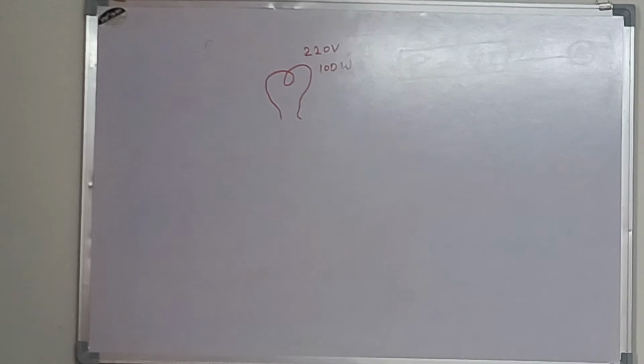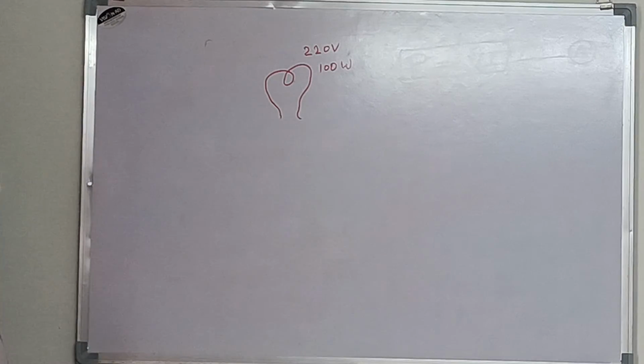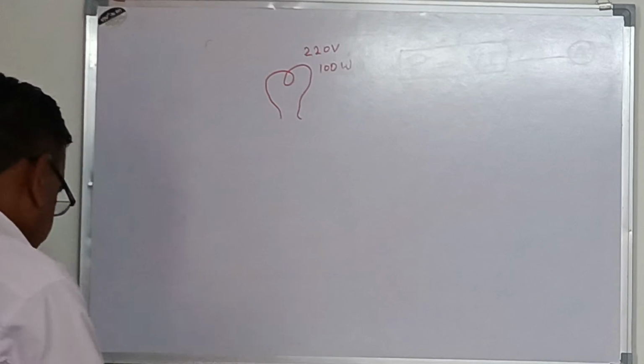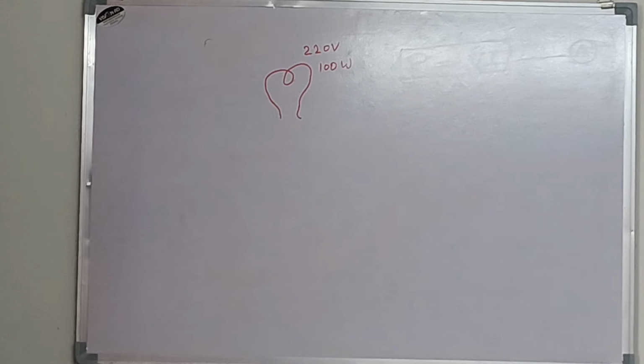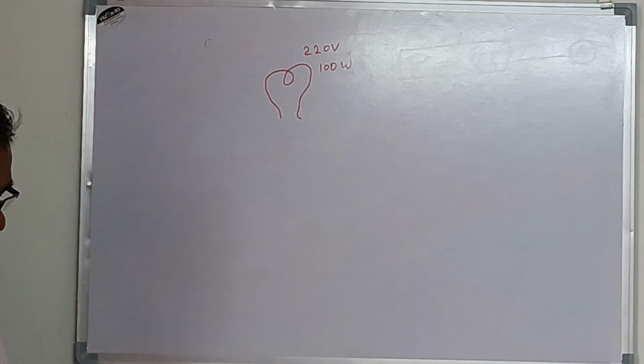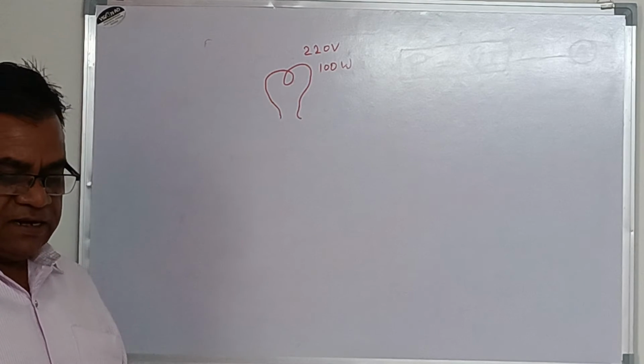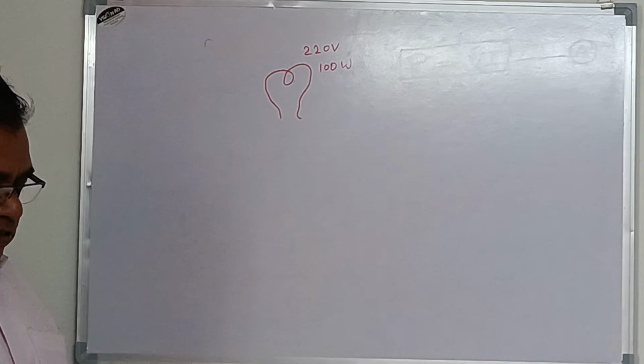Generally you use it in your house when the voltage is 220 volt. An electric bulb is rated 220 volt and 100 watt. When it is operated on 110 volt, the power consumed will be? अगर ये बल्ब 220 वोल्ट के बजाय 110 वोल्ट की सप्लाई से जोड़ा जाता है तो पावर कंजम्पशन क्या होगा?